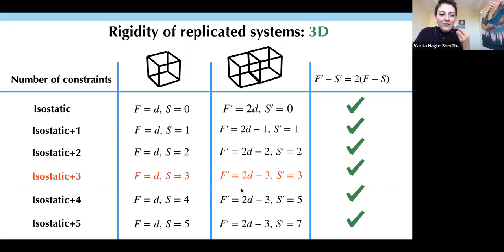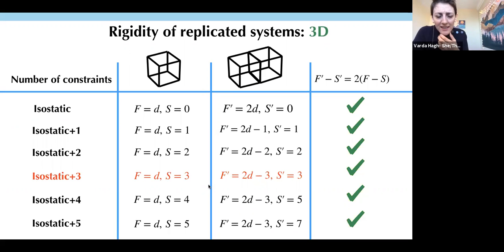But that's not really a systematic change. Sometimes we see them, sometimes we don't, but there's never really a systematic trend, and they usually appear when the system becomes marginally stable instead of retaining the stability that it had before the copying.